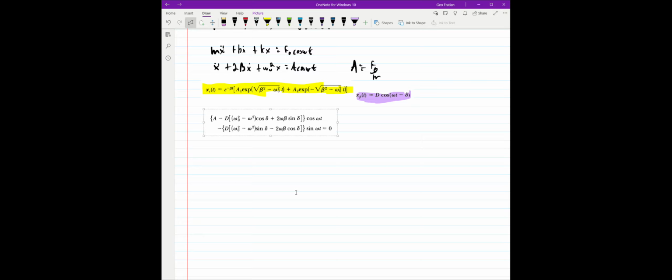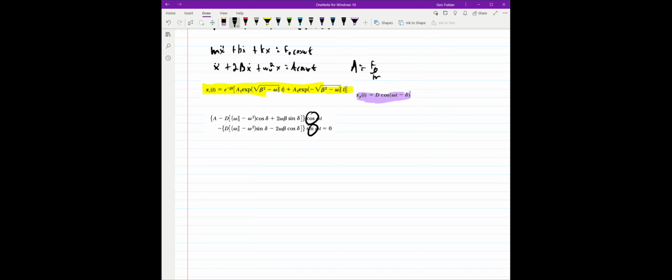And now we also know that sine and cosine are linearly independent, right? And that tells us that this can only be satisfied in general if the coefficient of each term vanishes at the same time, or else you'll never have it equal 0.